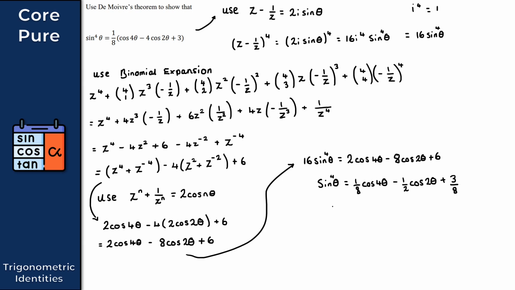Okay. And just notice for the desired result here, they factor out 1 over 8. So if we do that as well, what we get is sine theta all to the 4 is equal to, factoring out the 1 over 8, 1 over 8 bracket. So I get cos 4 theta. That's absolutely fine.